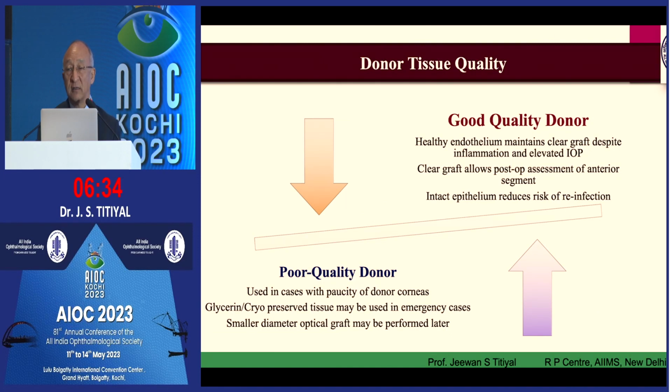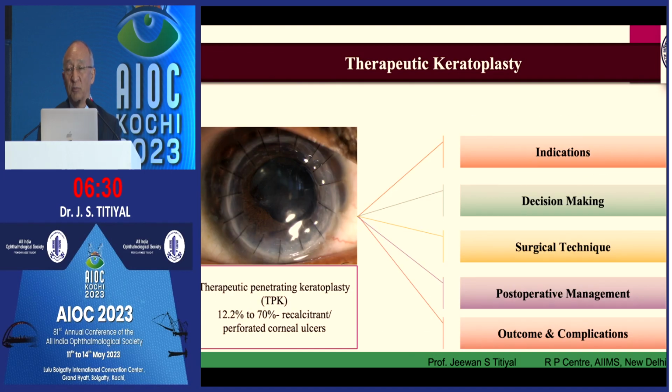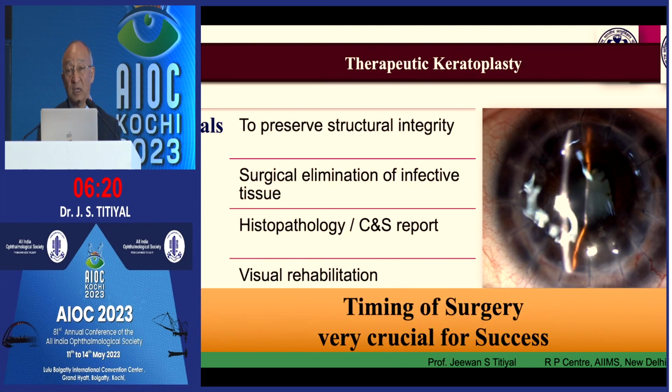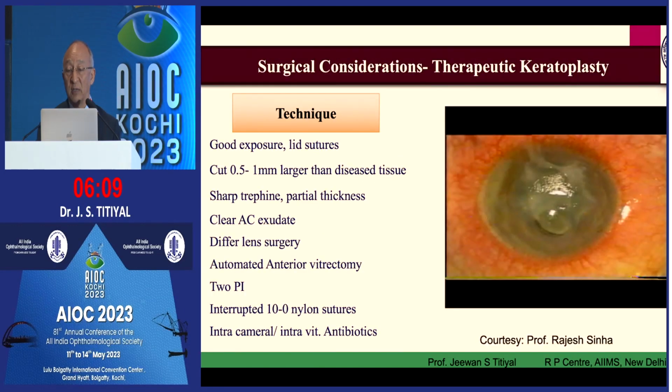Even a lesser quality tissue will be useful for safeguarding the globe and improving the outcome for these patients. The idea here is to get rid of the infection, save the integrity of the globe, and if you have a good outcome, the patient may have vision also. Therefore, as I told, timing of surgery is very important. Early intervention before it goes to a difficult situation is going to help in these cases.